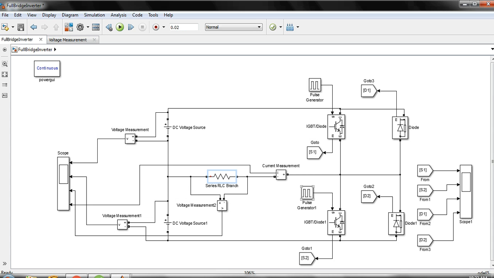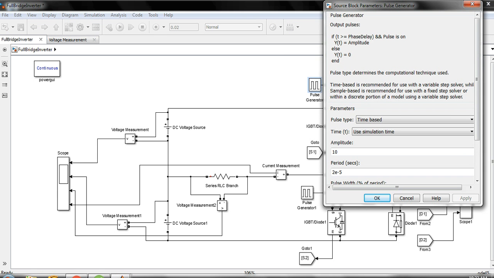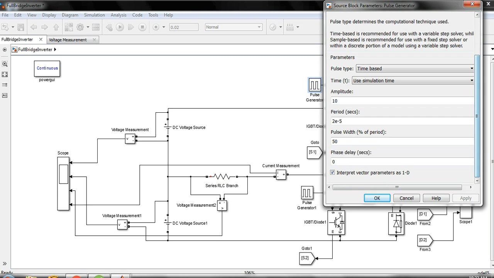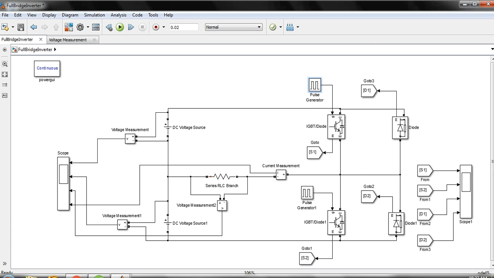Now the main topic of any power electronics switch mode power converter is the pulse generator. In this pulse generator, I have taken a frequency of 50 kilohertz and 50% pulse width. The main point is that in inverter mode, we should connect switches in three branches only.